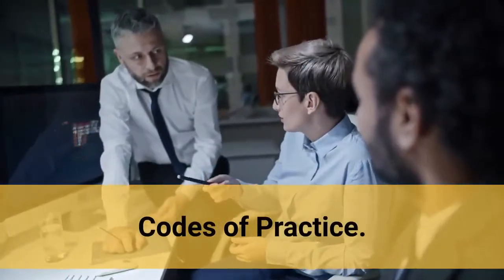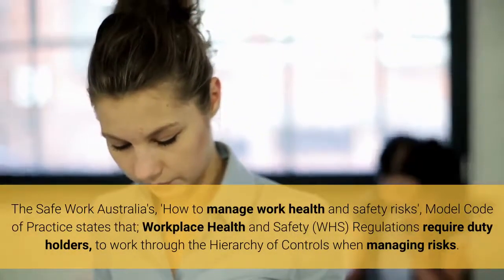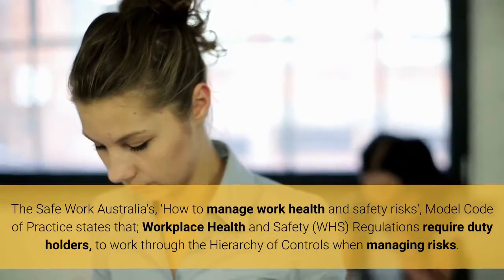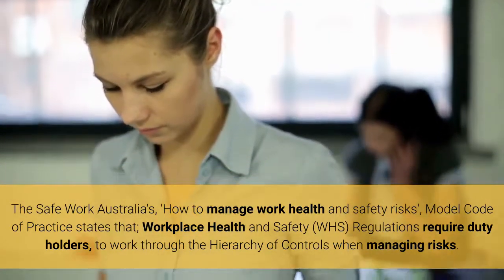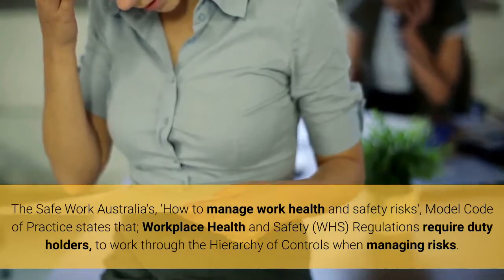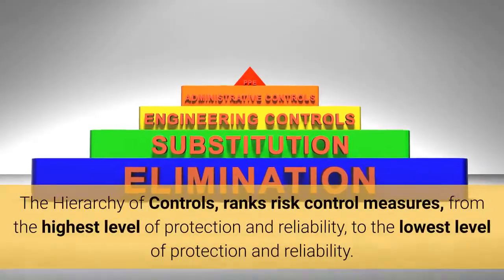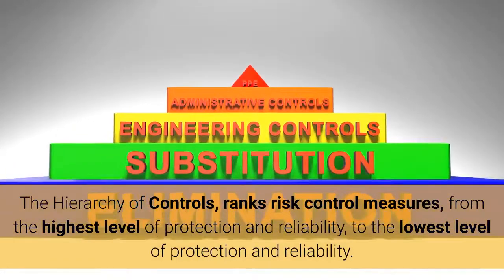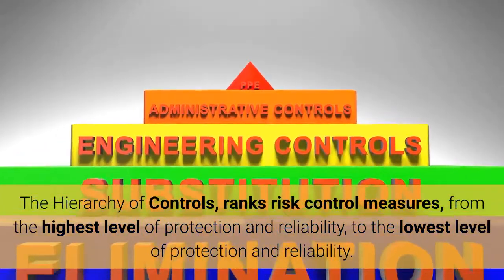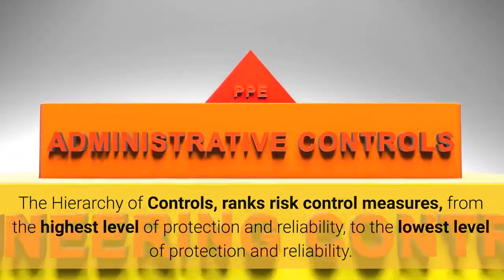Codes of practice. The Safe Work Australia's How to Manage Work Health and Safety Risks Model Code of Practice states that workplace health and safety (WHS) regulations require duty holders to work through the hierarchy of controls when managing risks. The hierarchy of controls ranks risk control measures from the highest level of protection and reliability to the lowest level of protection and reliability.